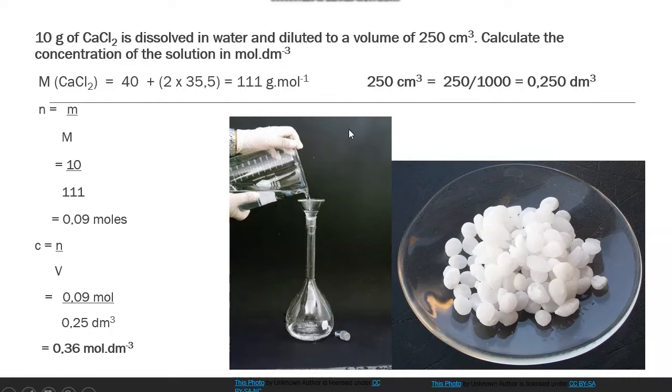We will go on in the next lesson to actually use concentrations across the equation, and that we will use limiting reagents, and that will be our next lesson, lesson 5. So in this lesson, I'm just going to show you how to calculate the concentration.